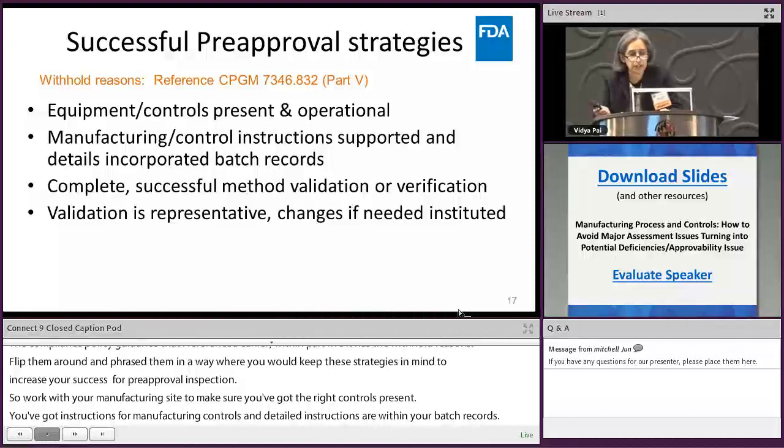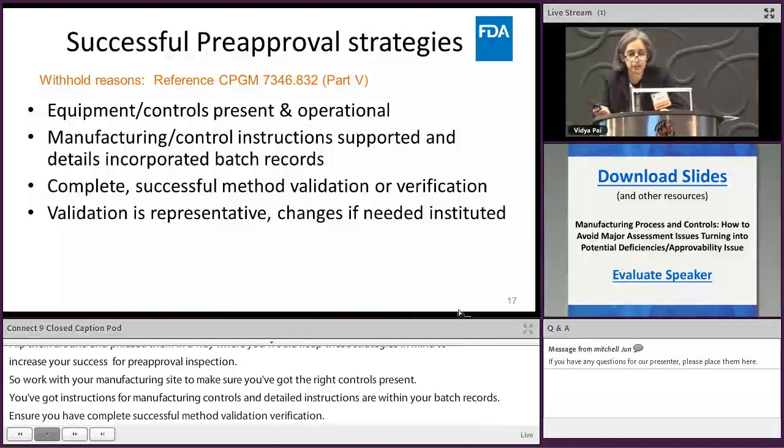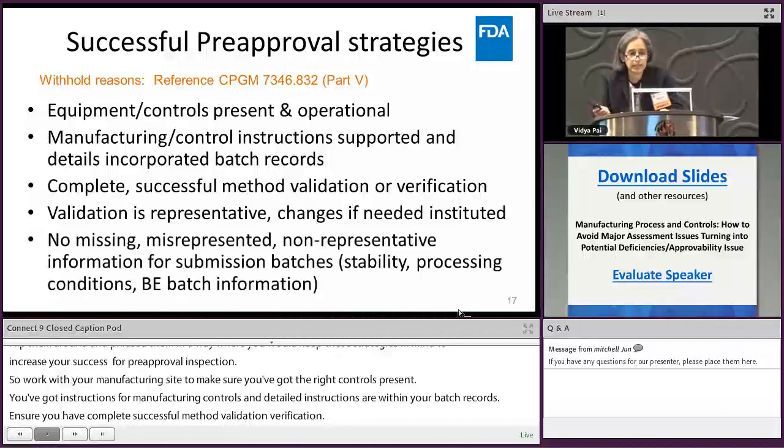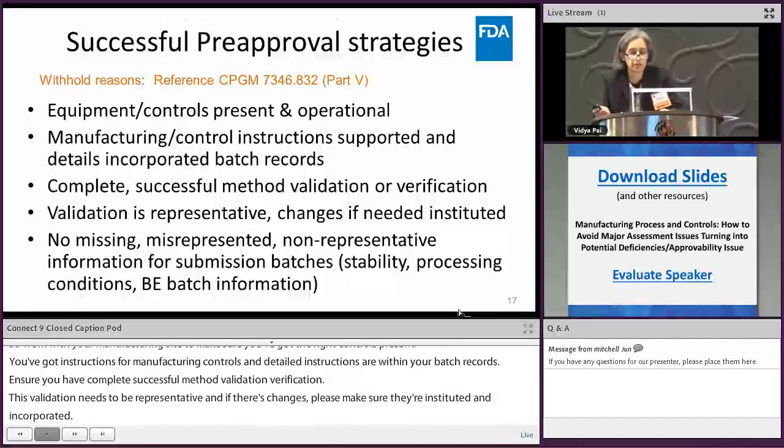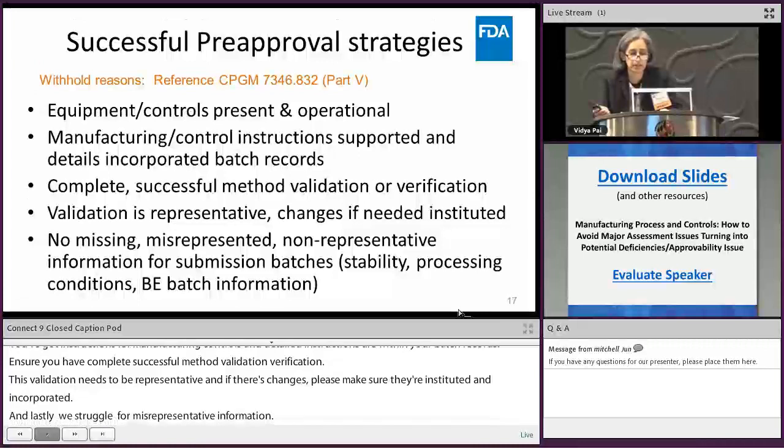If there are changes, please make sure they're instituted and incorporated. And last but not least, we really struggle in scenarios where there's missing, misrepresented, or non-representative information for submission batches, be it stability, processing conditions, or batch information. So make sure that there is consistent information being submitted and there is appropriate supporting information on site.